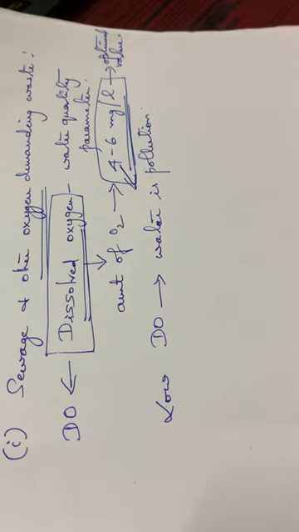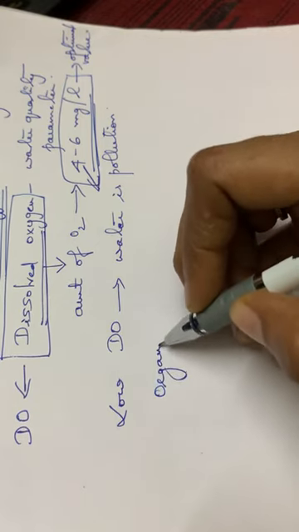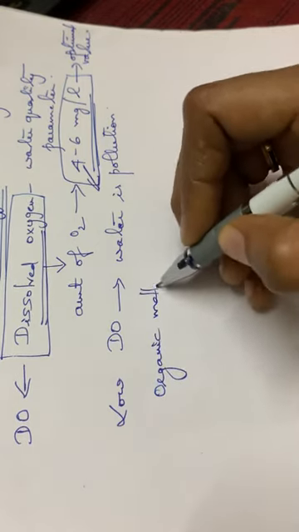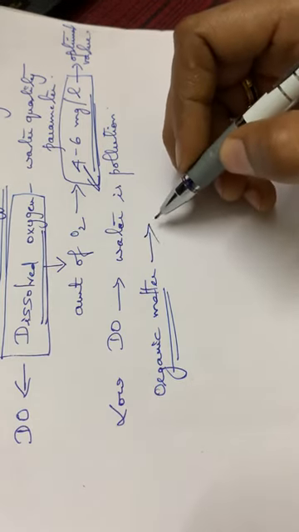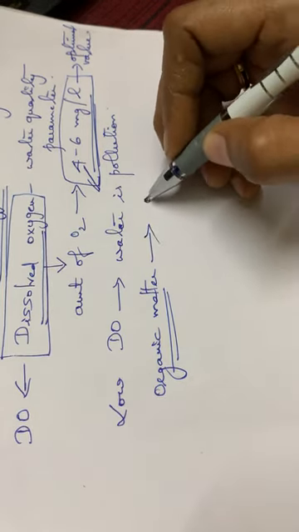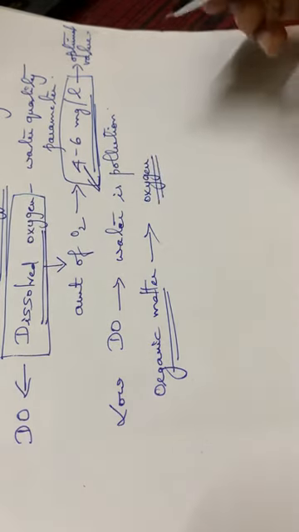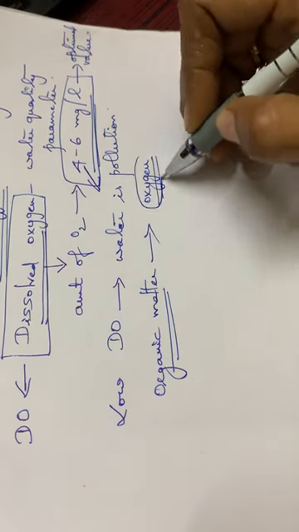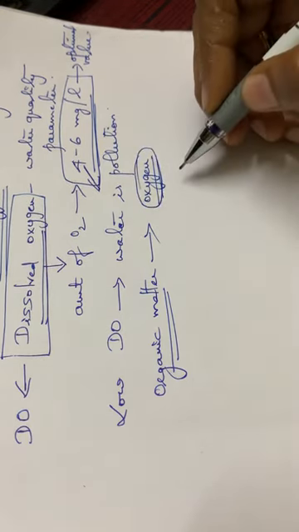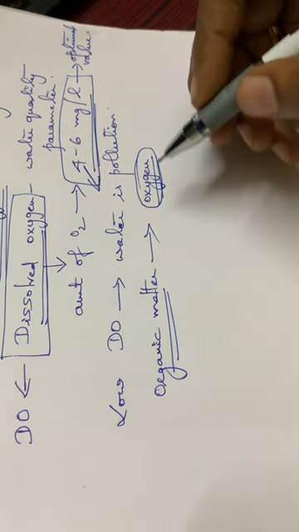And also, if a water body has some organic matter, the bacteria present there need some oxygen to decompose this organic matter. For bacterial decay, it requires some amount of oxygen. Only if oxygen is there will this organic matter be decomposed.